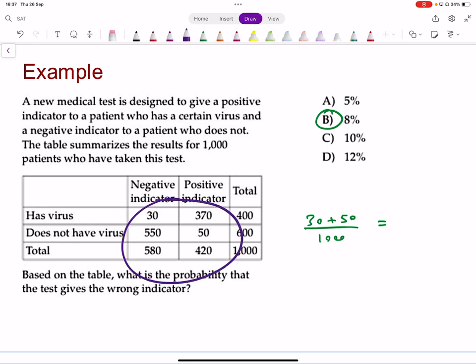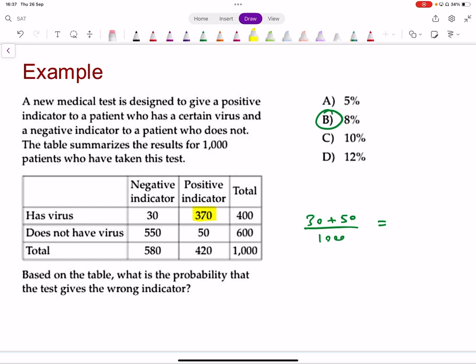In the table, it tells you this is the actual situation. The person has the virus or does not have the virus. And this is what the test is saying. Negative means the test is saying they don't have the virus. Positive means the test is saying they do have the virus. If they do have the virus and the test is positive, that's correct.